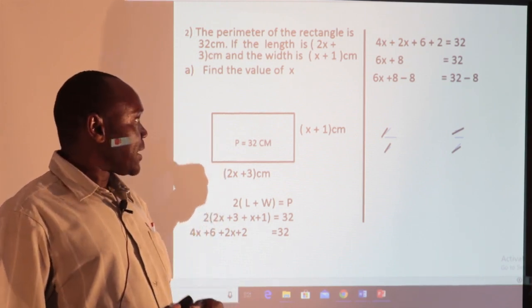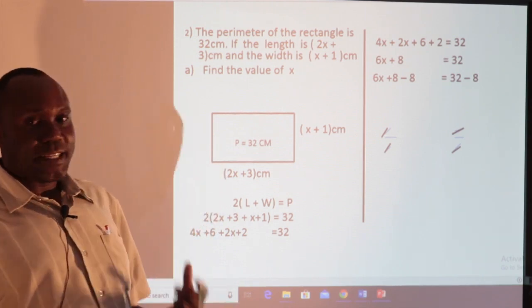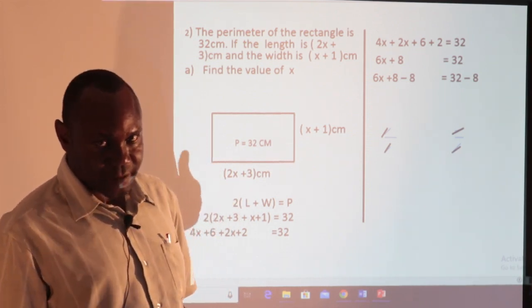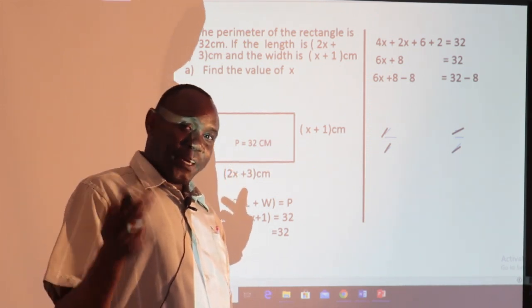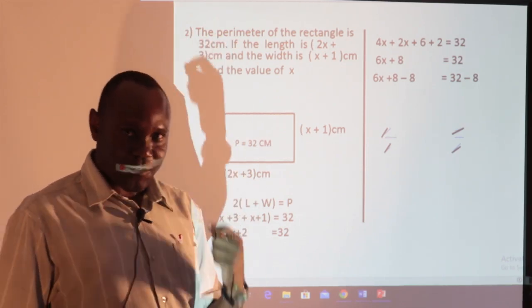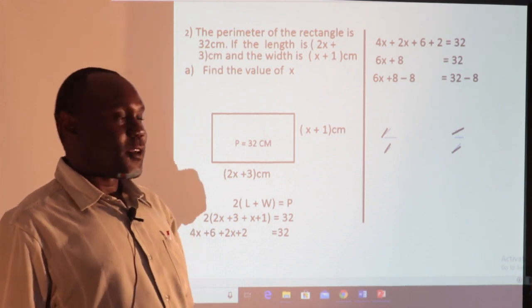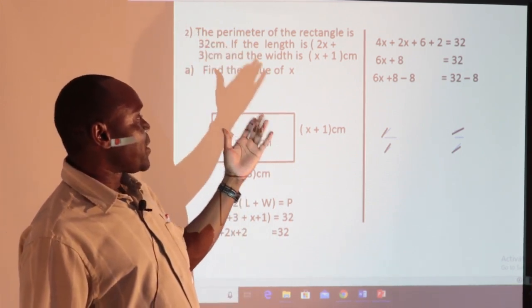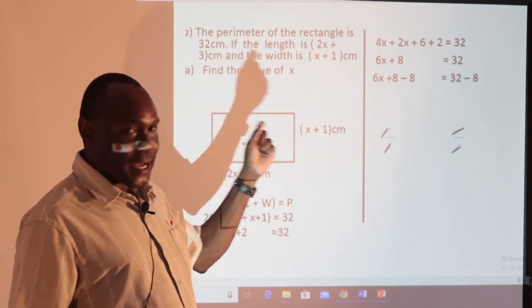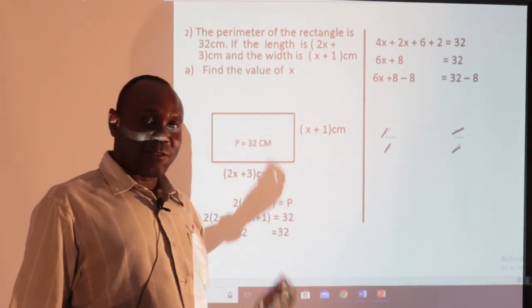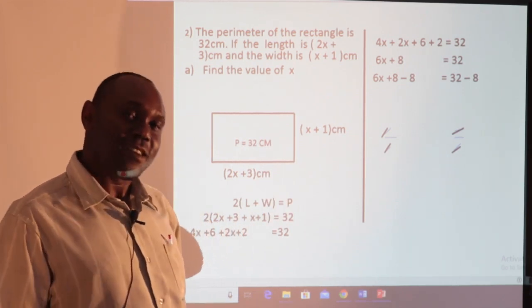Still we are collecting like terms. We get the additive inverse of positive 8, which is negative 8. What fails some children when they are collecting like terms is that they say positive 8 minus 8, but when they go to the other side, they say 32 plus 8. That is wrong.